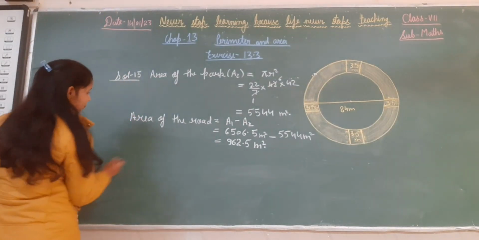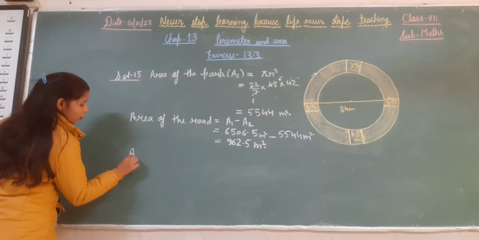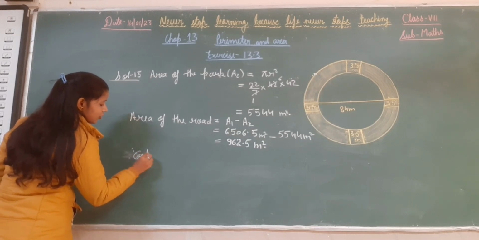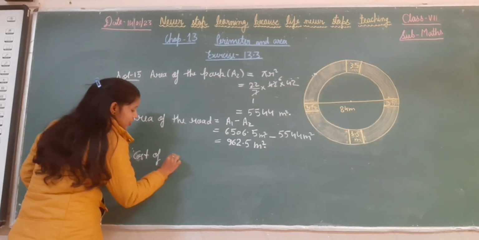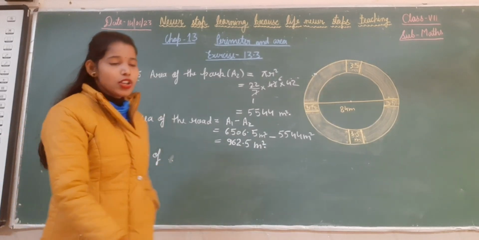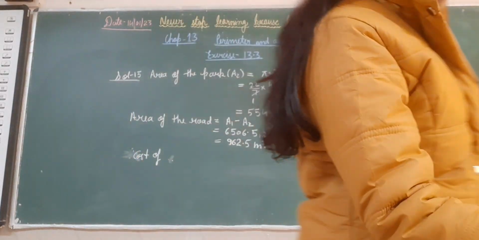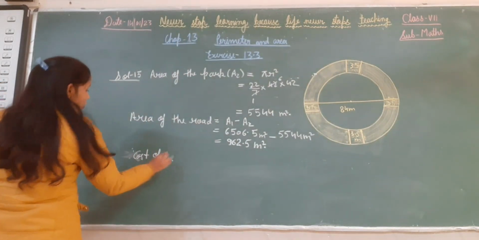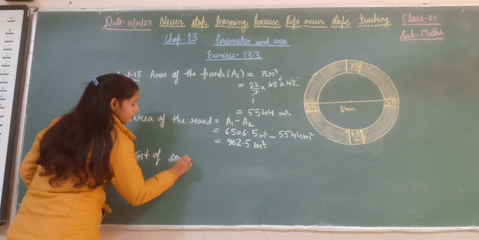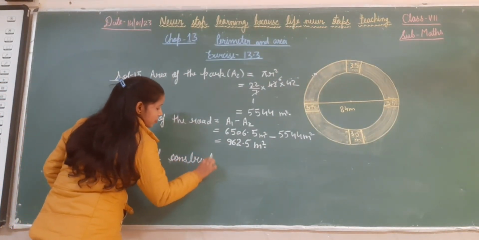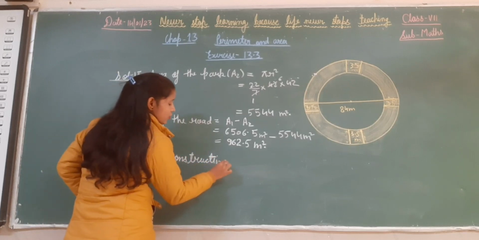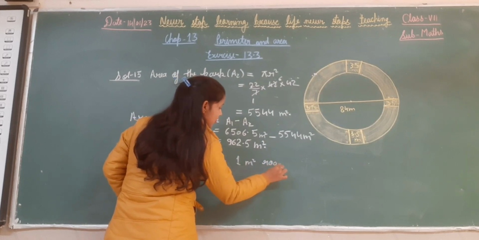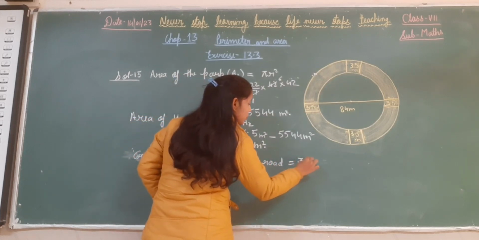So write down here, cost of constructing 1 meter square road is 240 rupees.